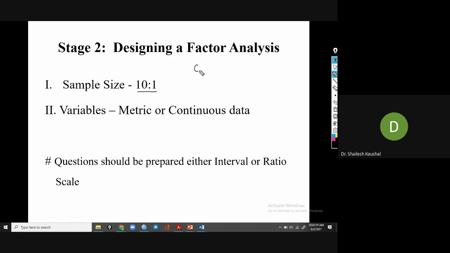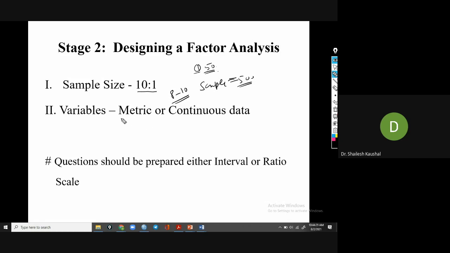If you are taking 50 questions and you want to apply exploratory factor analysis, then 10 times the number of questions means your sample size should be 500. That's ideal, but a sample size of 8 to 10 times is also desirable. But ideally we should take 10 times the number of questions.